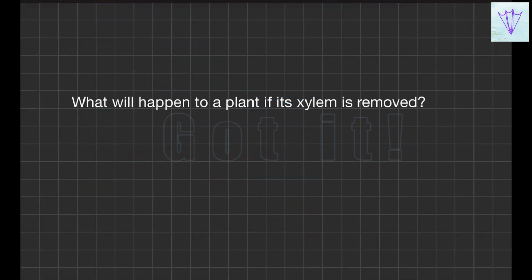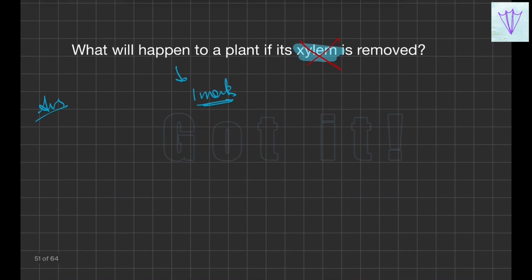The question here states: what will happen to a plant if its xylem is removed? Since it is a 1 mark question, you can answer this in 2 or 3 lines.